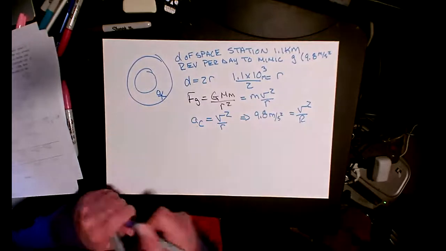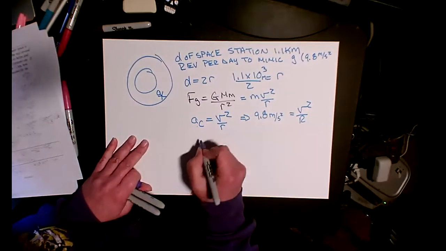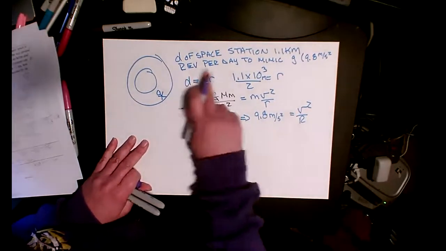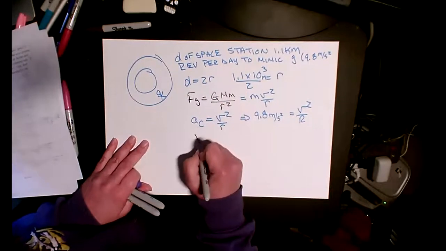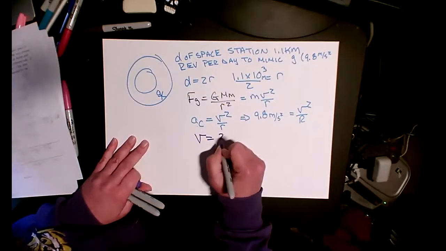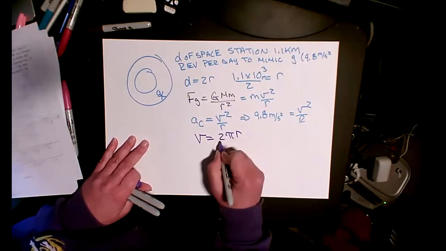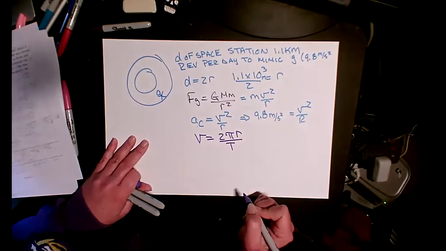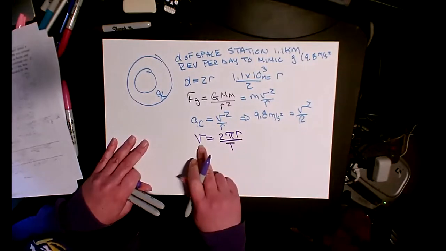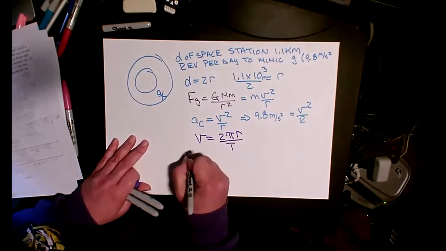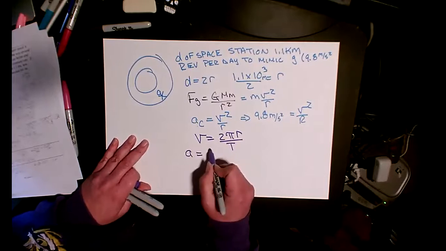So I look at this then, and I say, okay, I know this, but it wants it in terms of revolutions per day. So velocity is 2 pi r times f for frequency, or divided by period. I'm getting close. I can rewrite a equals and then square all of that.